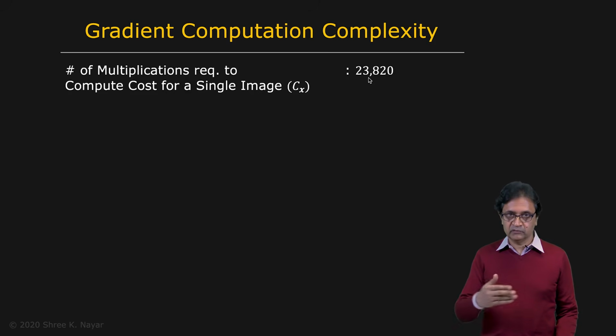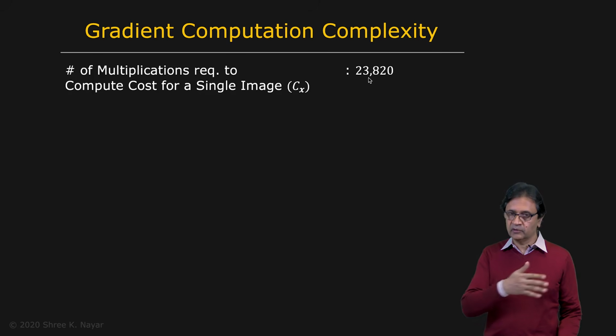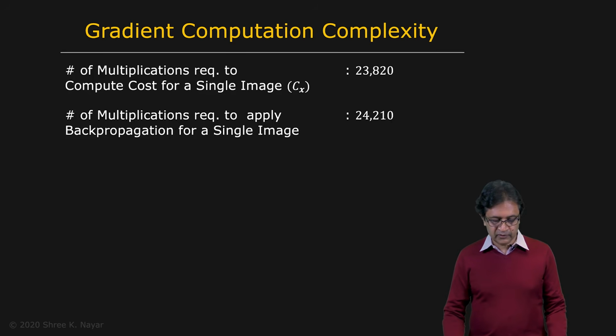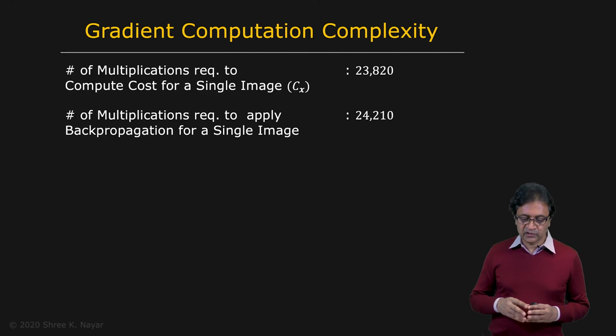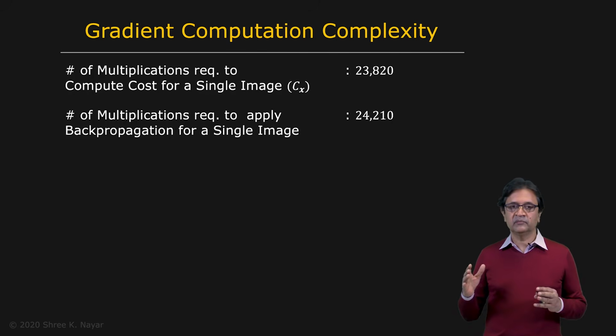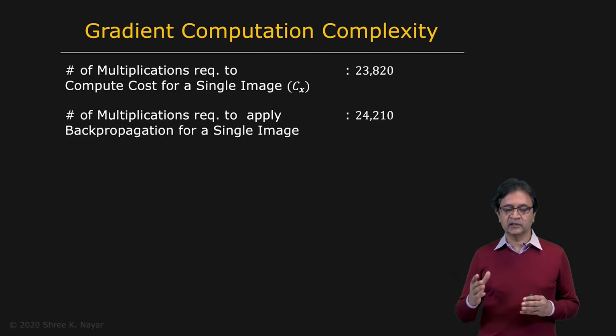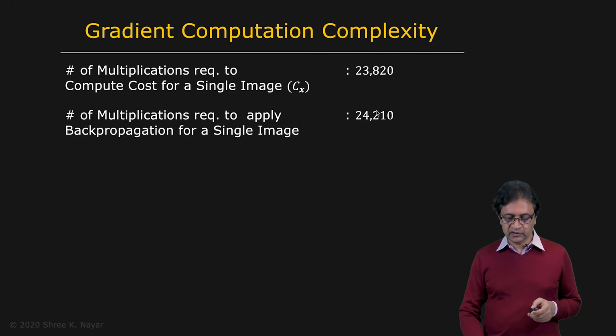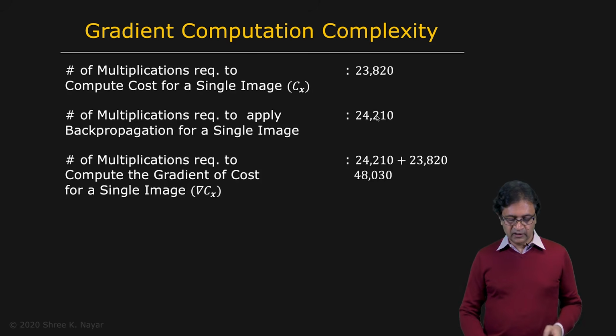That's feed forward, just computing an input, pushing it all the way through to the output. Number of multiplications required to apply back propagation for a single image is this. So it's really the combination of these two, the sum, not the multiplication, that is needed to compute all the gradients corresponding to a single image for all the weights and biases.